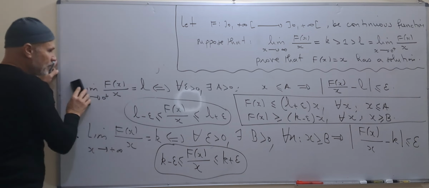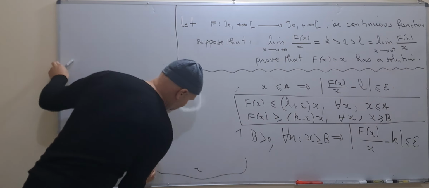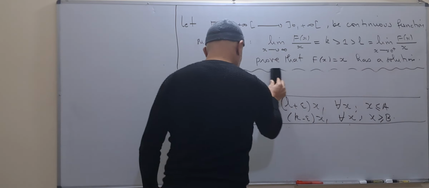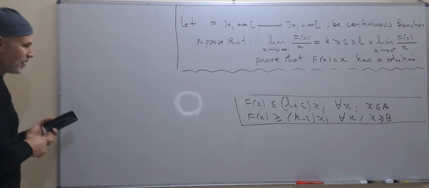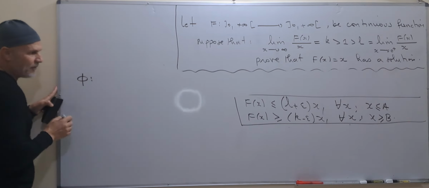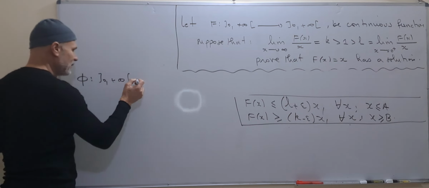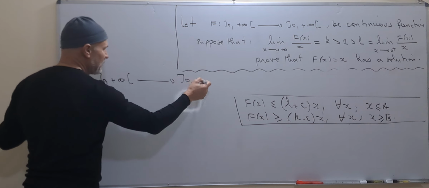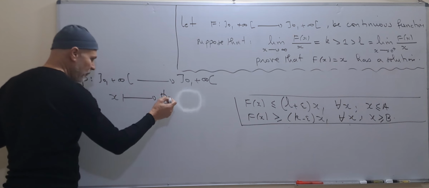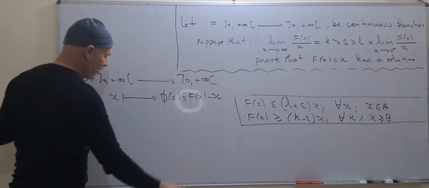So let us consider a function phi from 0 plus infinity to 0 plus infinity, such that for x we associate phi of x, which is equal to f of x minus x.